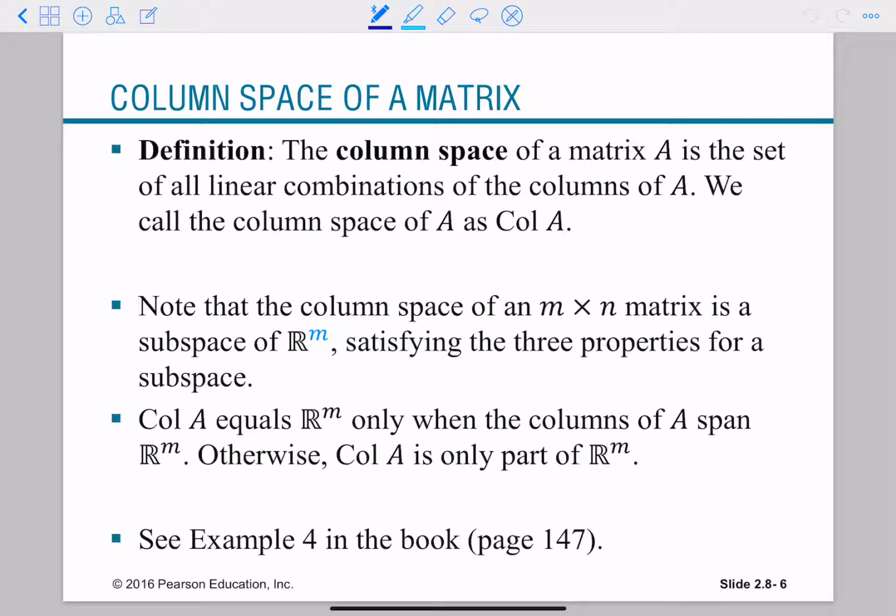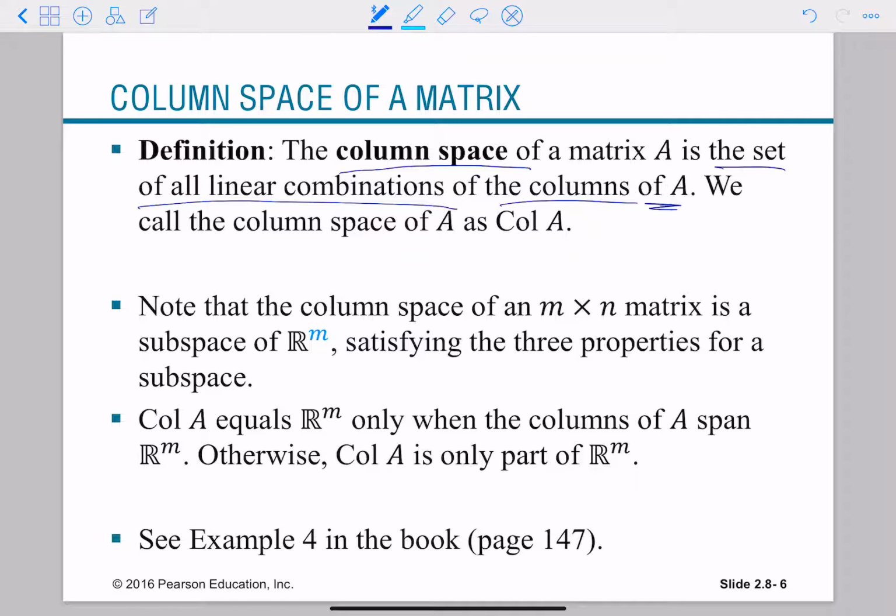Okay, and now related to a given matrix. Suppose in the beginning we are given a particular matrix, and then we can consider its related subspace. Okay, so the first one is called the column space. The column space is basically the set of all the linear combinations of the columns of a given matrix A. So that is called a column space.